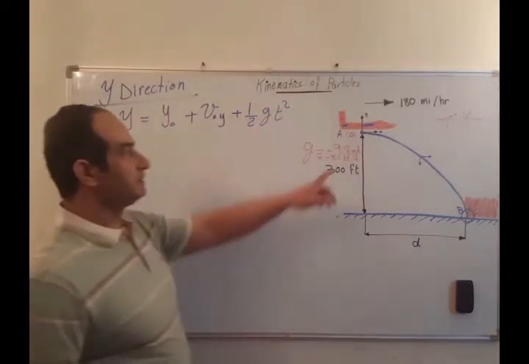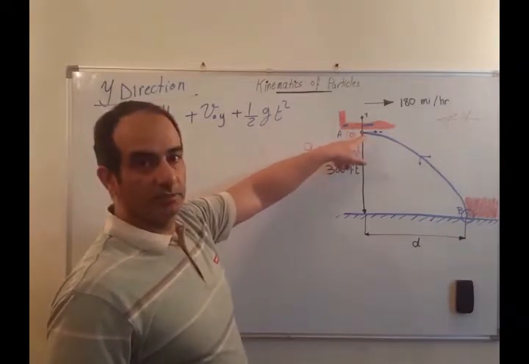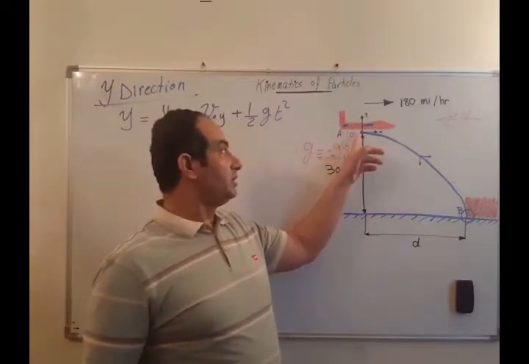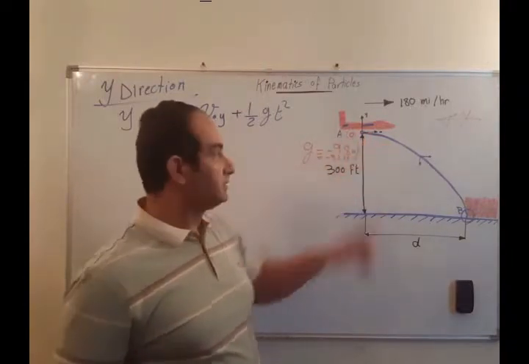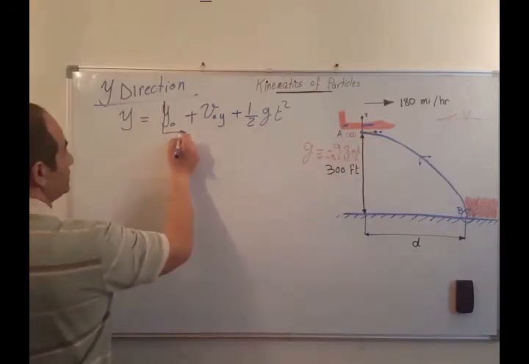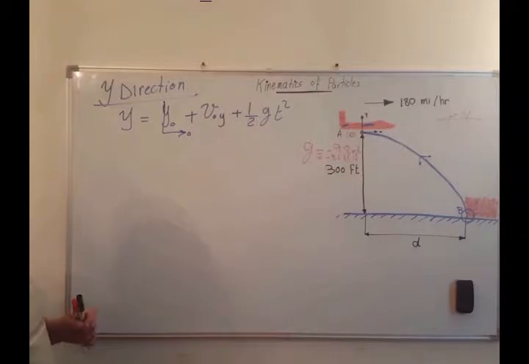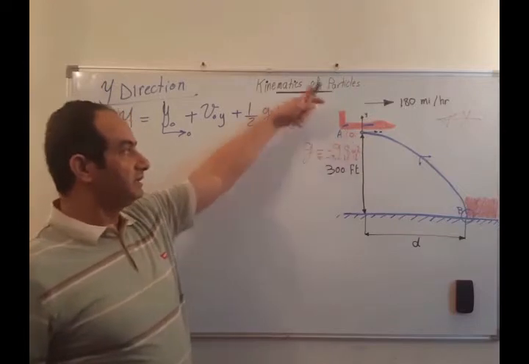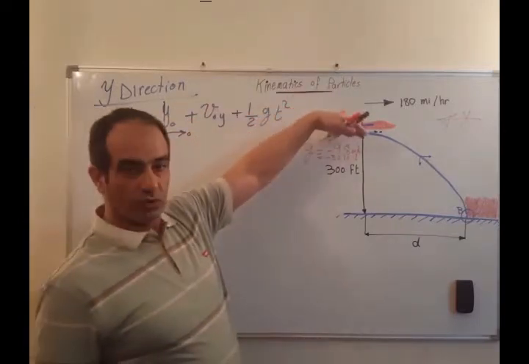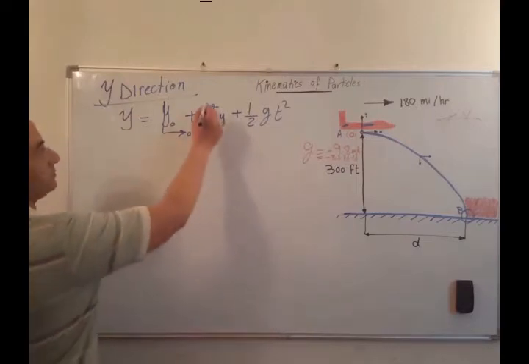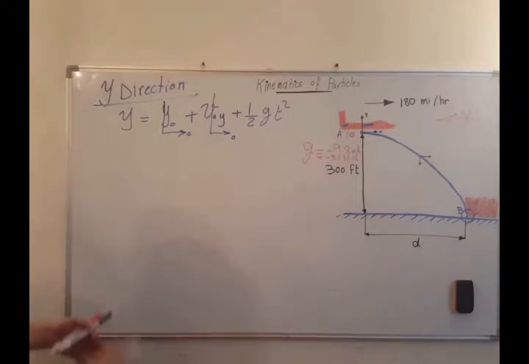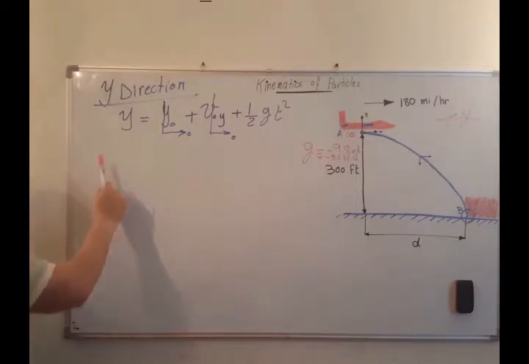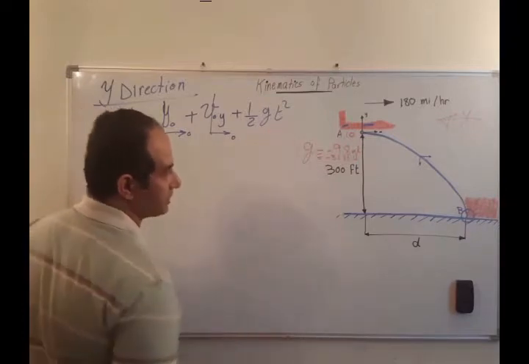As long as our starting point is at the reference coordinate origin, we can put y naught equal to 0. As long as the problem mentions that the pilot dropped this quantity of water, this particle, we can also eliminate the initial vertical velocity. That means y equals half g t squared.